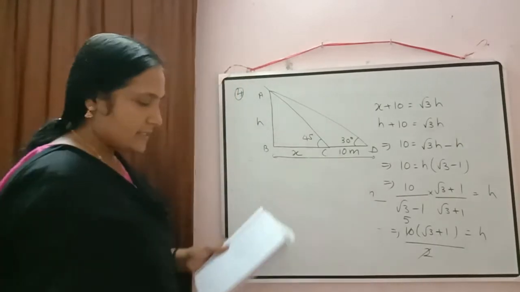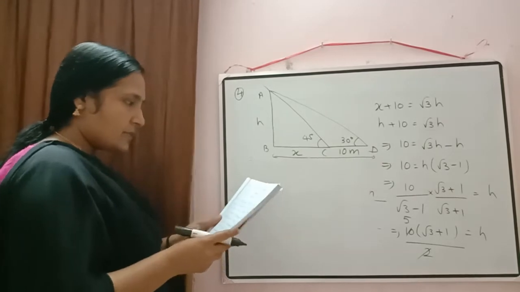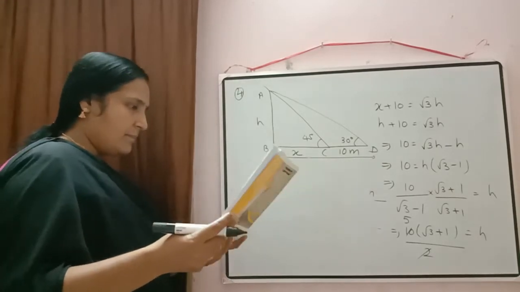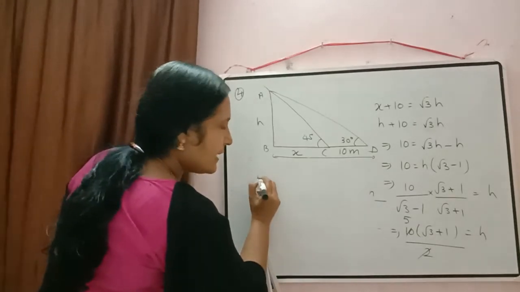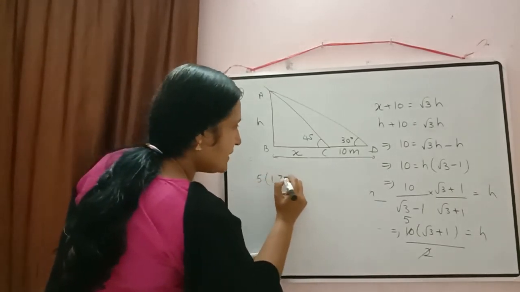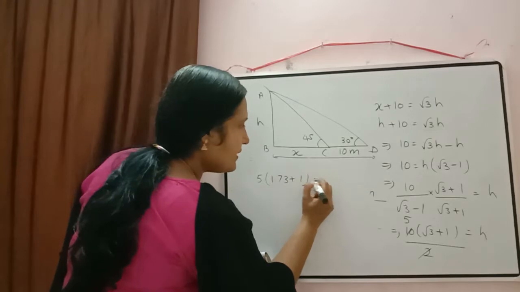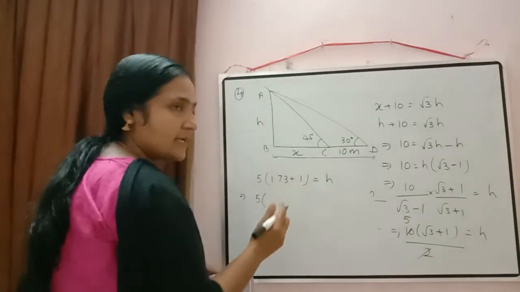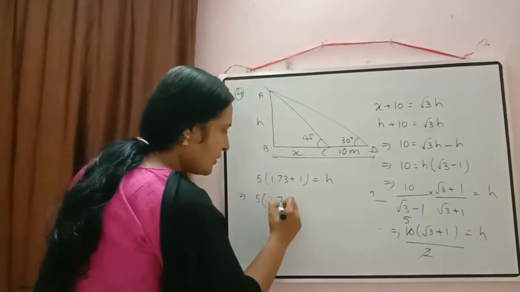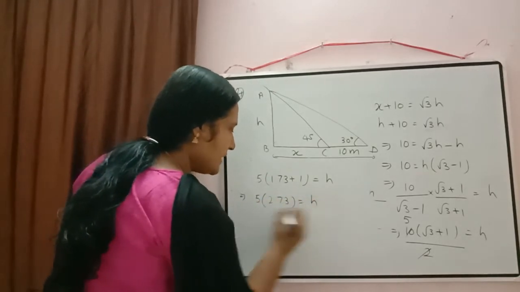In the question it is given, substitute root 3 is equal to 1.73. So now we can substitute there. Then we will get 5 into 1.73 plus 1 is equal to h. So 5 into 2.73 is equal to h.